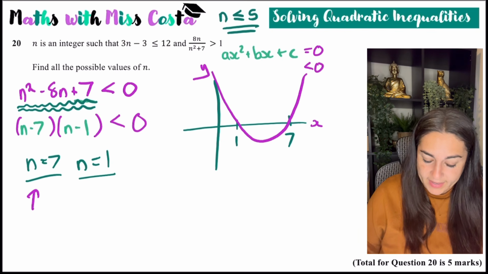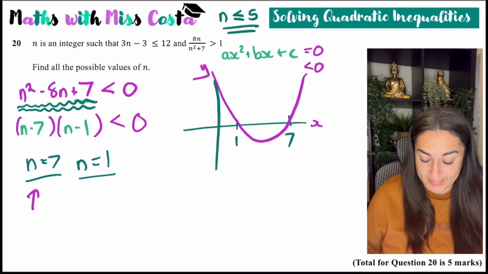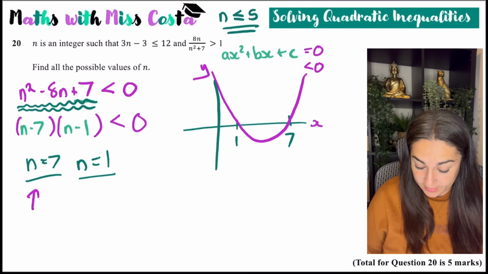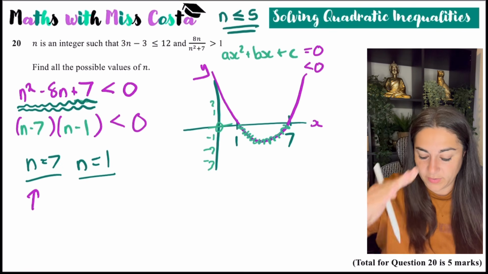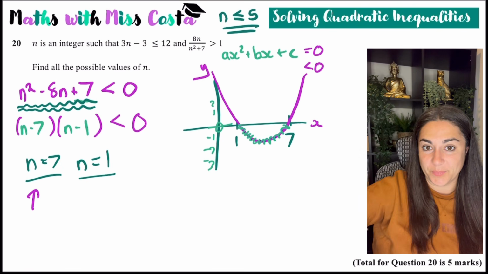So what part of the graph is when the y values are less than 0? So this is your y-axis, and it's this part here where the graph is less than 0.